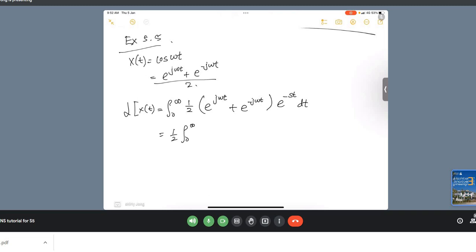You combine the exponential. For this one, I integrate, I obtain negative s minus j omega.